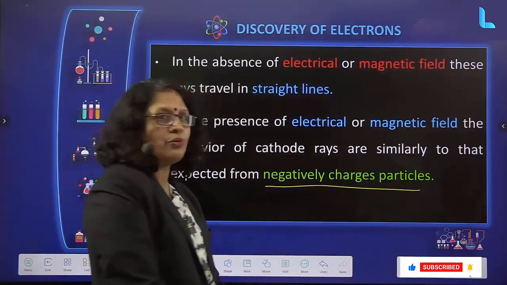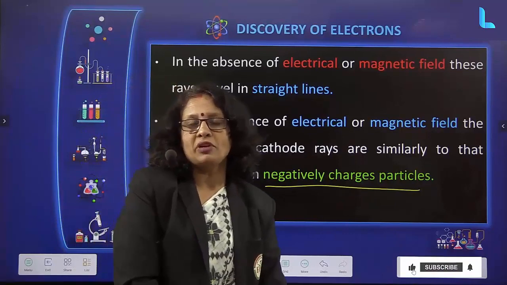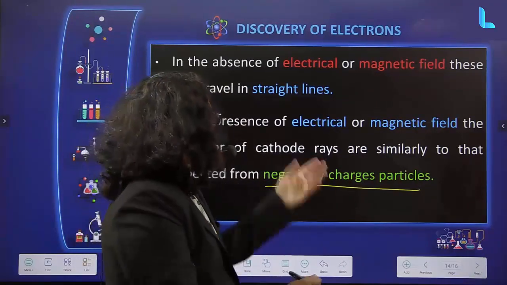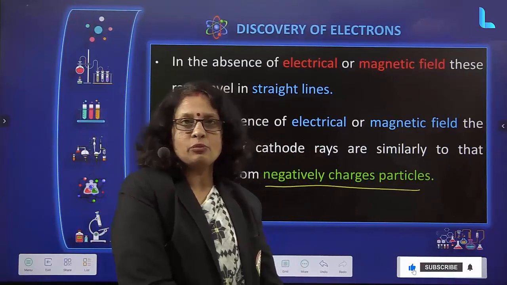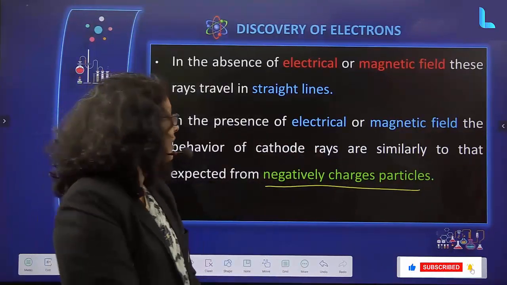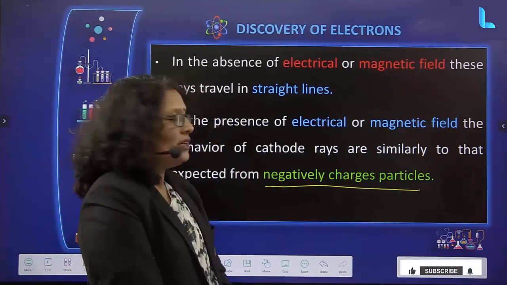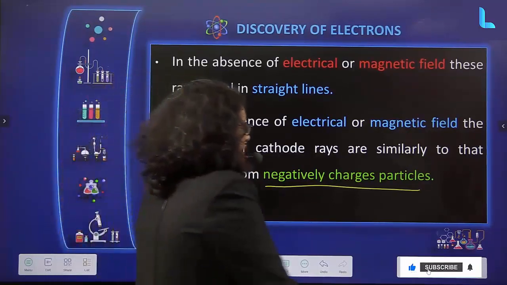So we are trying to prove the discovery of the electron that we are discussing here. How are they negatively charged? In the presence of electrical and magnetic fields applied perpendicular to each other, it is observed that they are negatively charged particles, okay.